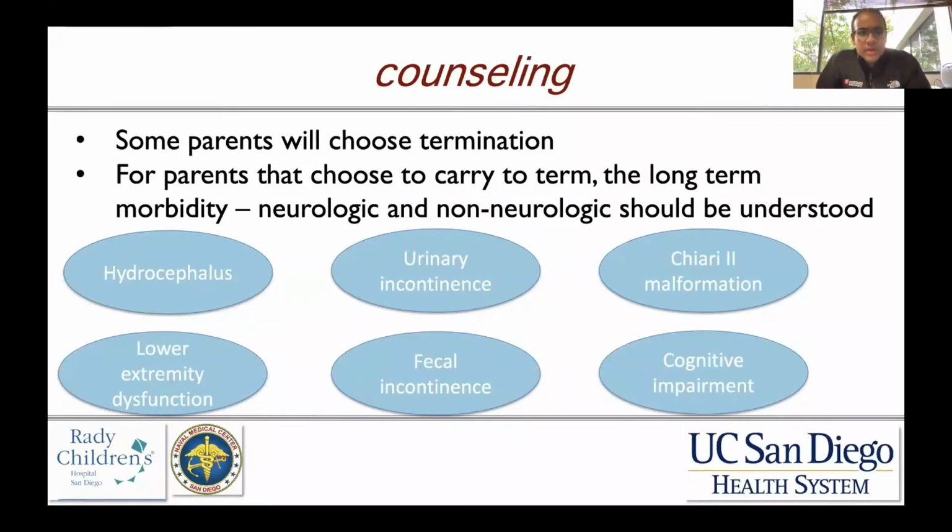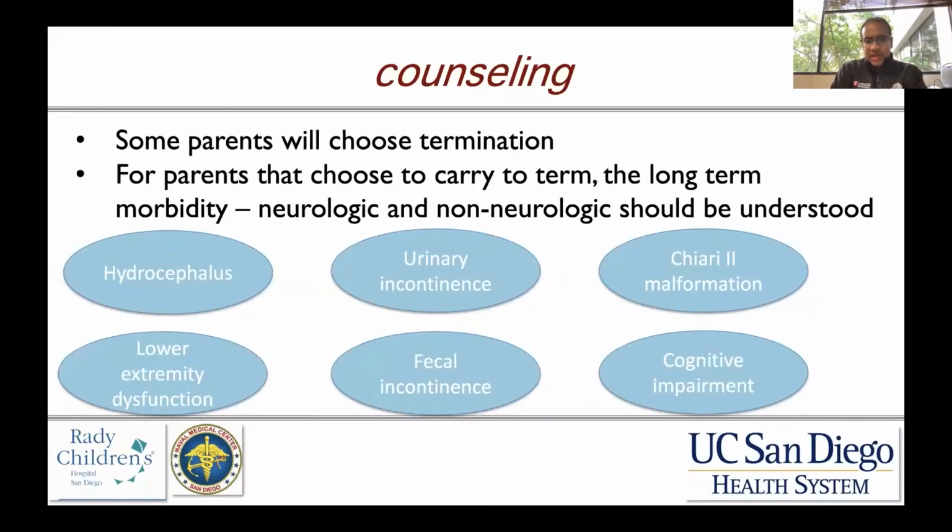For parents that choose to carry to term, the long-term morbidity, specifically the neurologic and non-neurologic morbidity, should be understood and clearly delineated. First and foremost is hydrocephalus, where there's an increased amount of cerebrospinal fluid in the brain and difficulty with drainage of this, whether it's overproduction or under absorption.